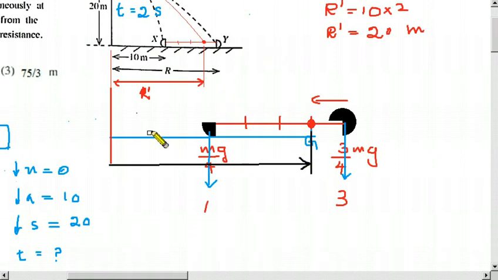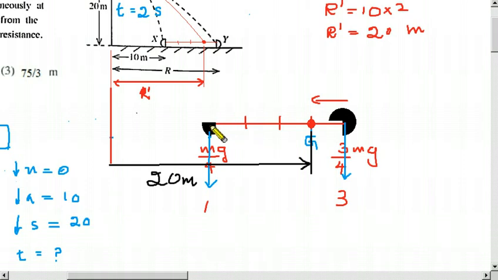How much is it? That is what we found. R dash is this one to the center of gravity, R dash is 20, 20 meter.